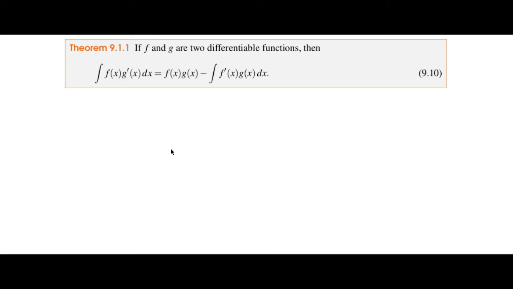So the functions that you have to find the primitive of get simpler and simpler, and you just need to apply this formula over and over again, as many times as you need.